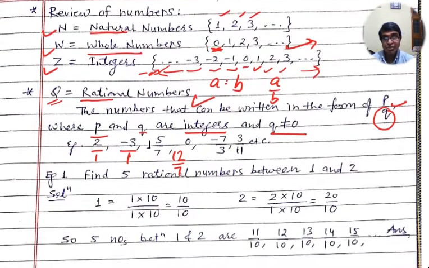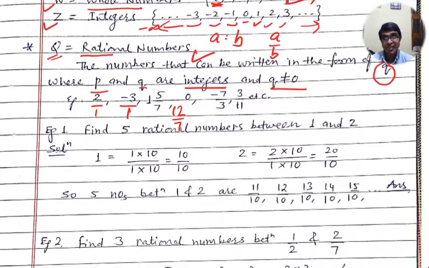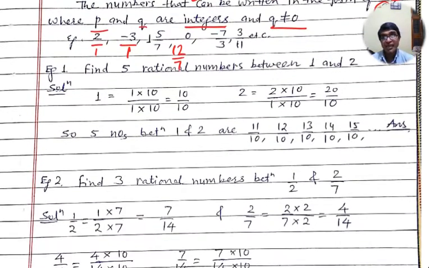Now you see the questions which you face in your exercise. Example 1: find 5 rational numbers between 1 and 2. So these two numbers are given, 1 and 2, and we have to find 5 rational numbers between them. So how will we find that? First, we can make equivalent fractions.